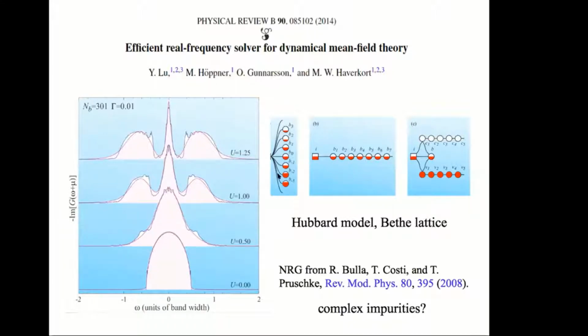This is using exact diagonalization by the group of Gunnarsson, where they can reach very large systems with several hundreds of sites by rotating the non-interacting part to an appropriate basis, as shown here. I won't go into details, but this is a very nice improvement of exact diagonalization. Here they are comparing their results to the results of NRG, which seems quite reasonable, and they also find some features. However, it might be difficult to treat much more complex impurities with this approach.